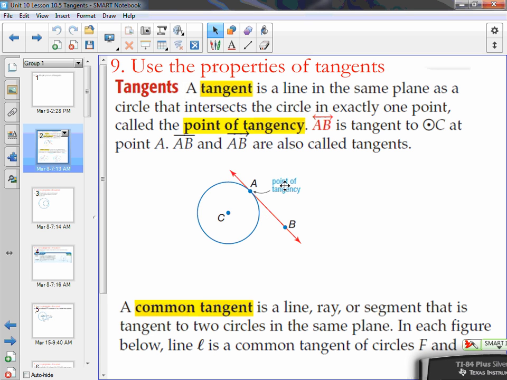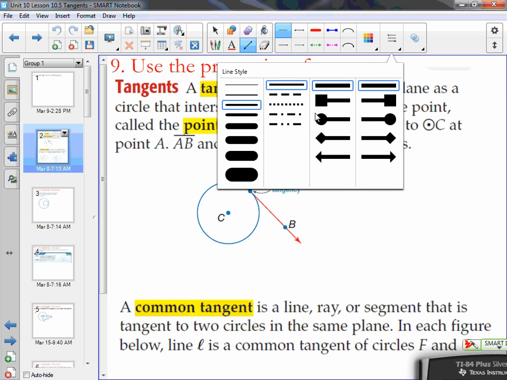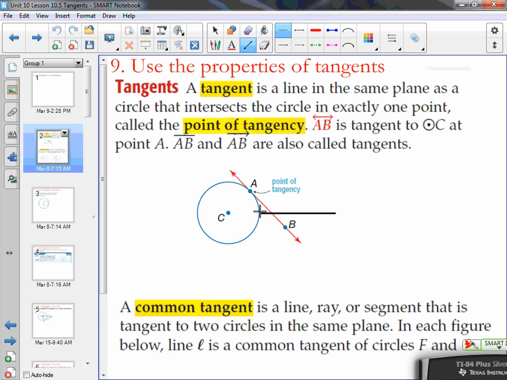Now, we can also have tangent segments, but we've got to be careful with those. For instance, that only intersects the circle in one point. It's not considered to be a tangent segment, though, because if you drew it out, it would hit the circle again over here, wouldn't it?